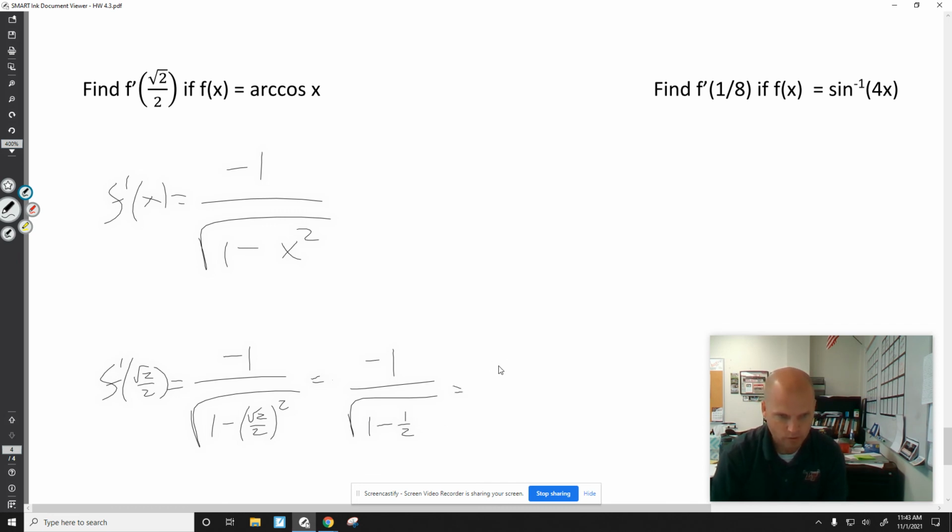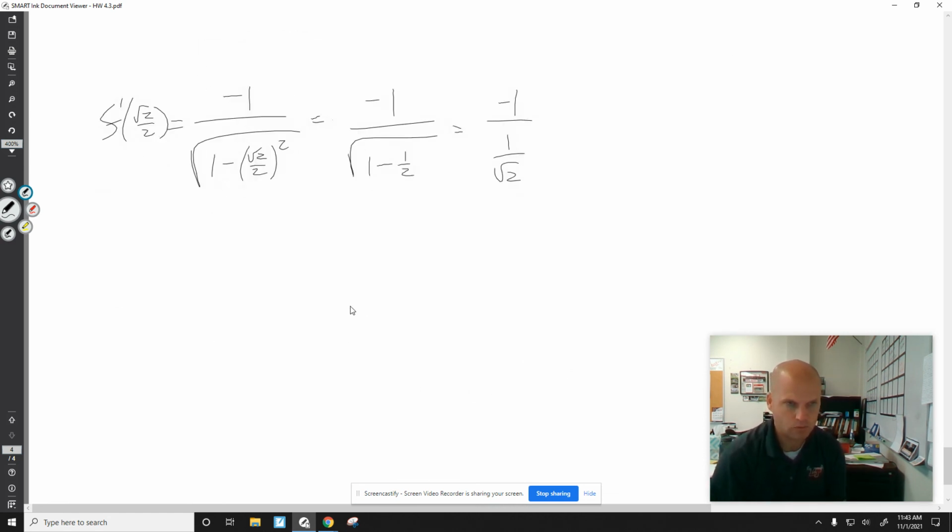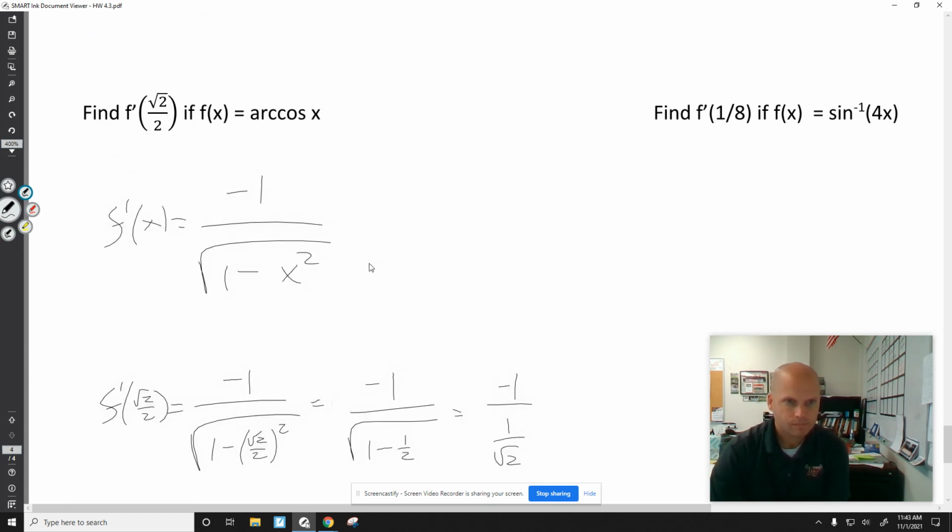So that's 1 half. Square root of 1 half, I'm going to write as 1 over root 2. Square root at the top, square root at the bottom. Square root of 1 is 1. Keep change flip. Negative 1 times root 2 over 1 is negative root 2.